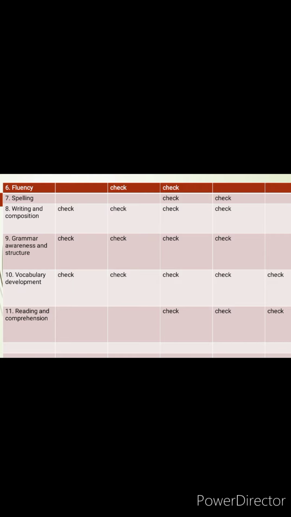Number 10, vocabulary development. The substrands we use here are listening, speaking, reading, writing, and viewing. Number 11, reading and comprehension. The substrands we use here are reading, writing, and viewing.